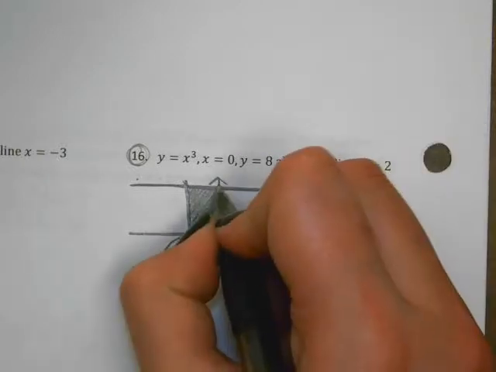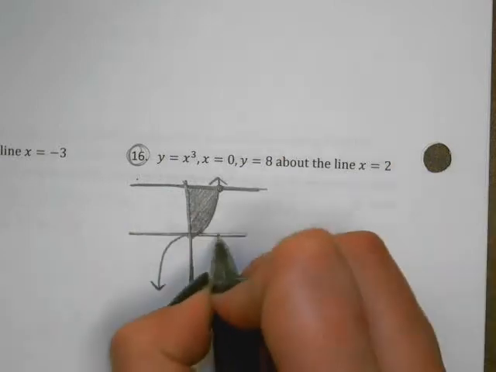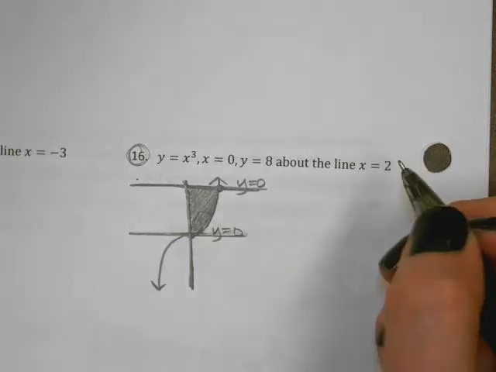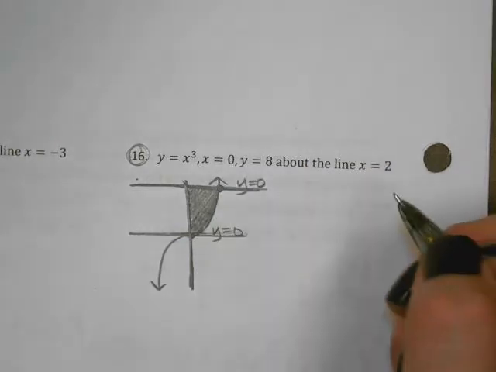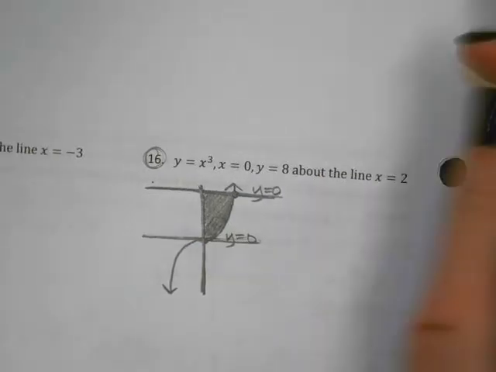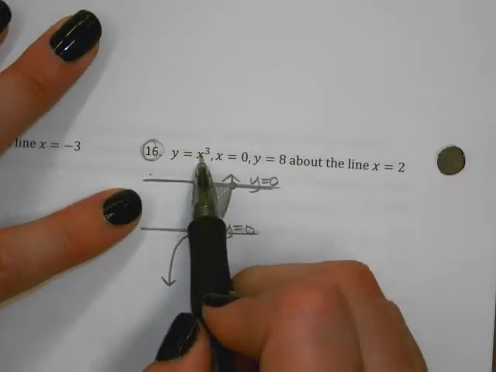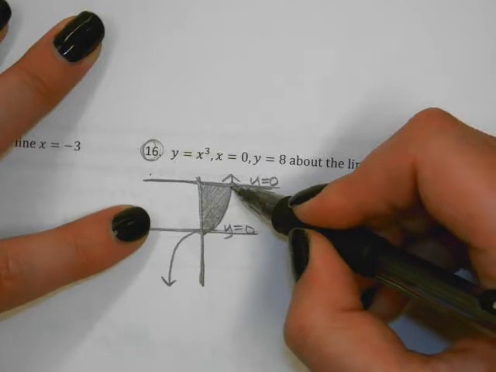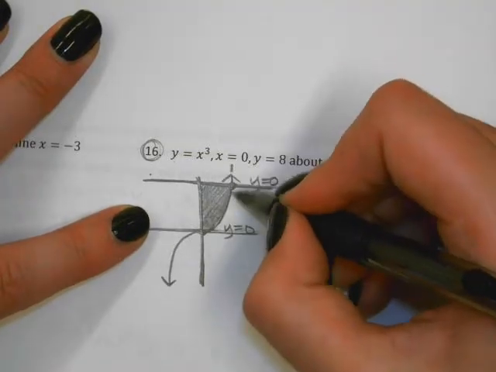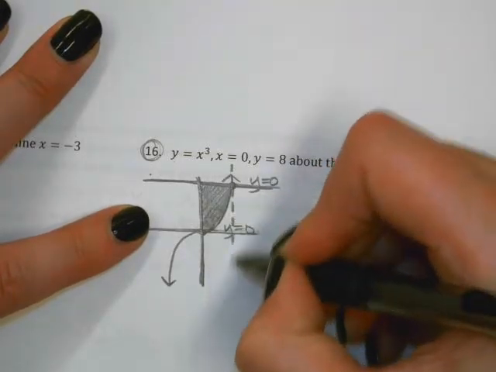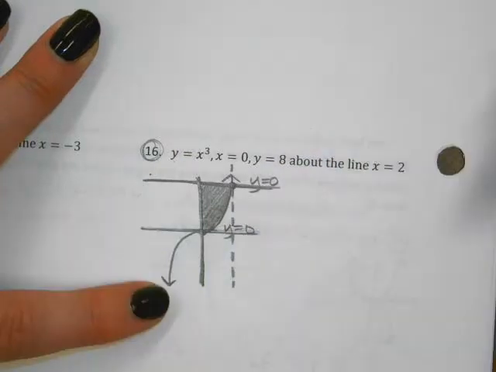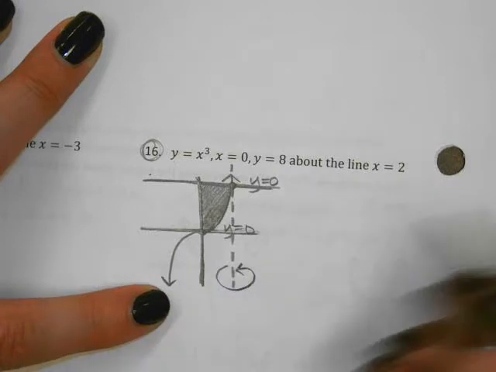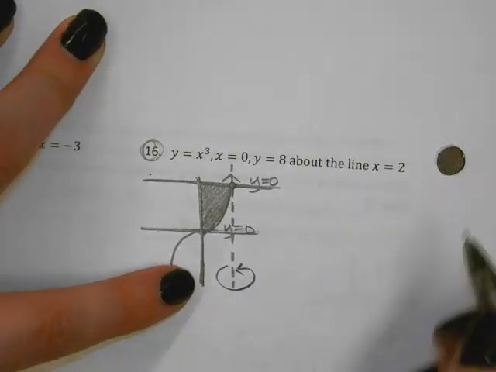This would be y equals 0, and up here is y equals 8. The vertical line is x equals 2. I know that 2 to the third equals 8, so this point has an x value of 2. That means this right here is the axis of revolution. That's what we're rotating around.